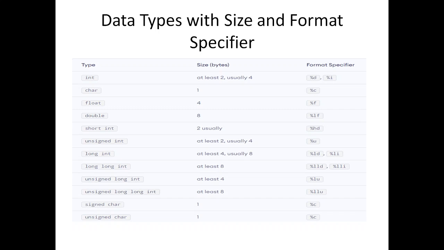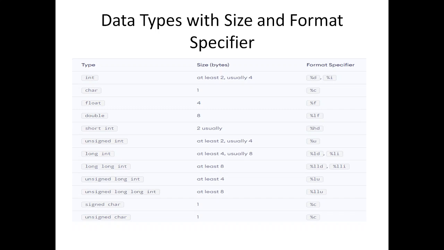For the format specifier, when we want to display this information, we use either %d or %i. For character, its size is 1 byte. It occupies 1 byte in memory, and its format specifier is %c. Float is 4 bytes, and it's %f.